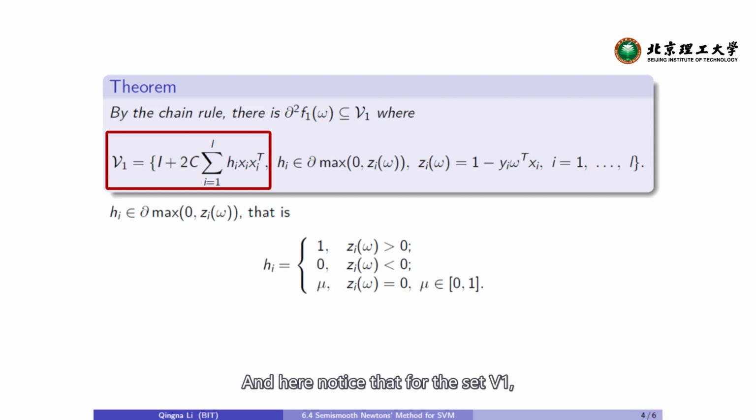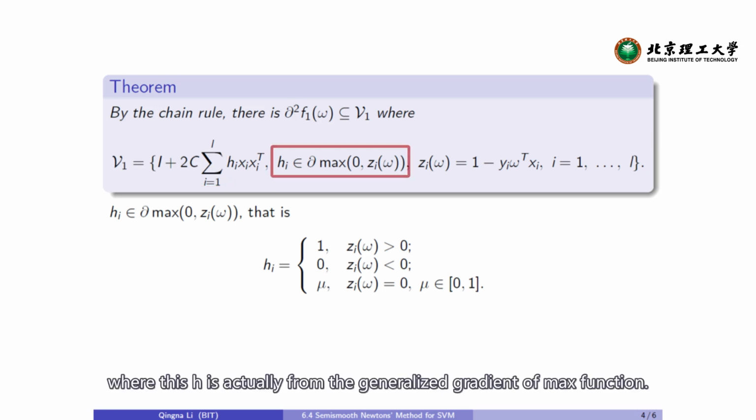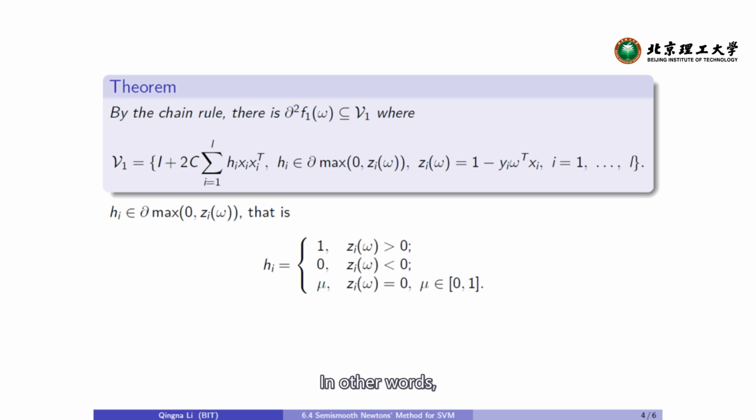And here, notice that for the set V1, we also got some sum here and a coefficient h, where this h is actually from the generalized gradient of max function. In other words, due to different values of zi omega, this hi will have different values.